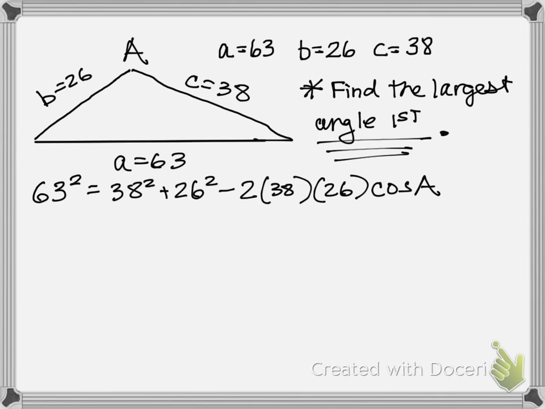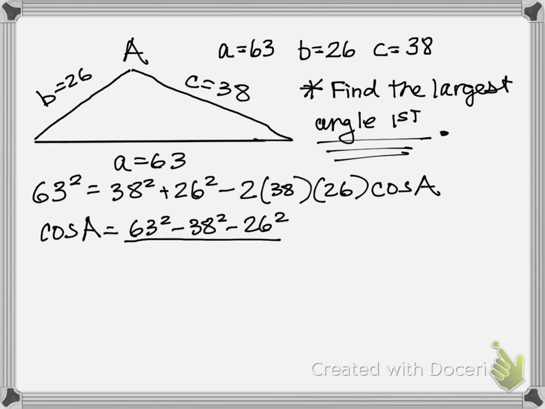I myself would probably just do a big calculator key-in from this point, but I'm going to show you the intermediate steps. So I'd say cosine A is equal to 63 squared minus 38 squared minus 26 squared, divided by negative 2 times 38 times 26. Follow that so far? That got me the cosine A isolated, right? And then angle A is equal to the inverse cosine of all of this.